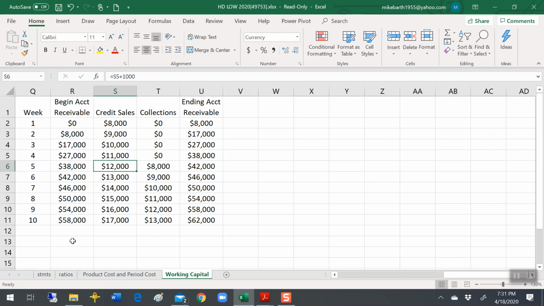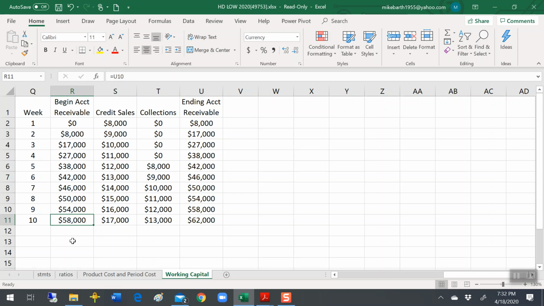Okay, so you're selling 12,000 this week, but collecting only 8,000 of sales going back to the other week. So that's one reason that you see accounts receivable growing, is generally if your credit sales are growing, your accounts receivable are going to be growing as well.